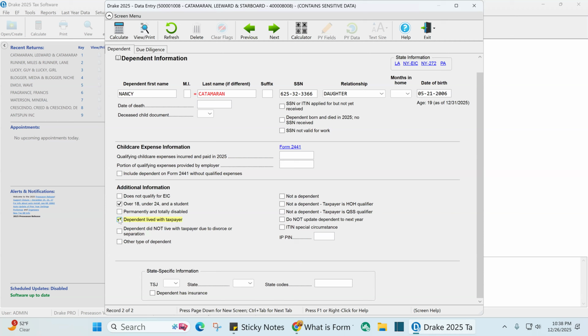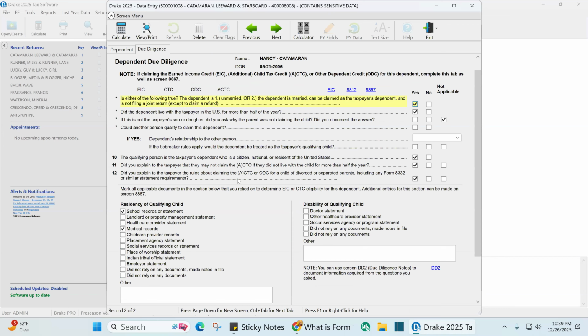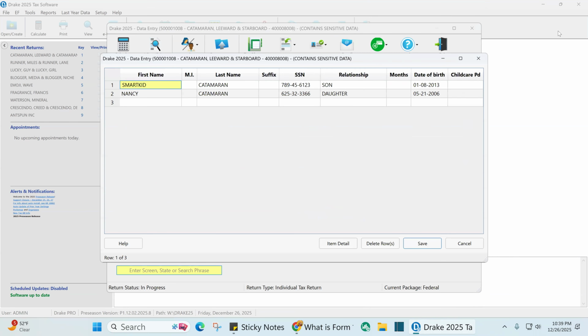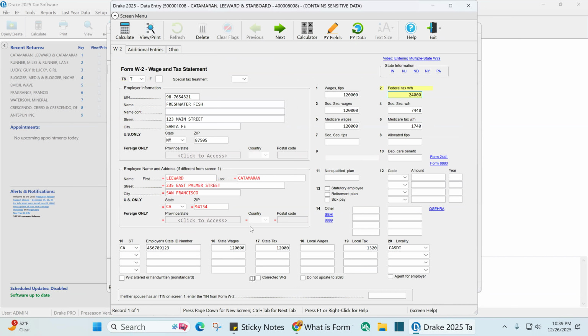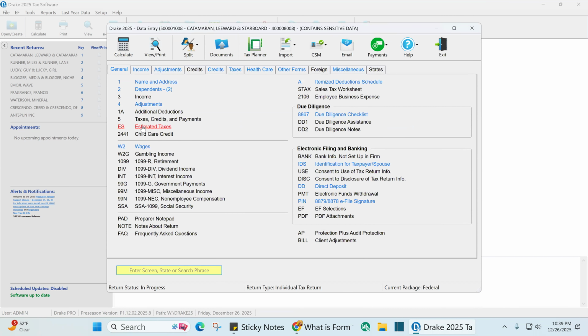That's legal. Now, Nancy is also okay to file a tax return by herself or become a dependent on others' returns. We can compare which way is better, and then we can do the best. Now, because in the W-2 we have withholding for California, but with self-employment, there's no withholding taken.